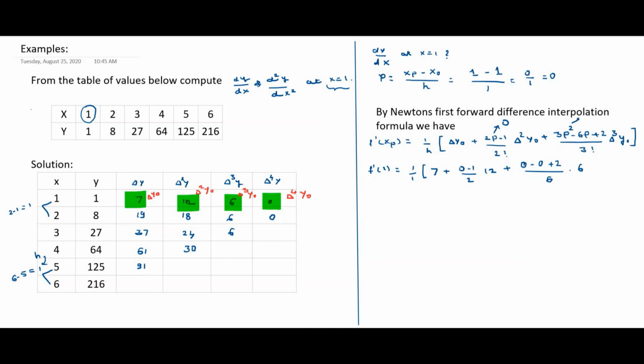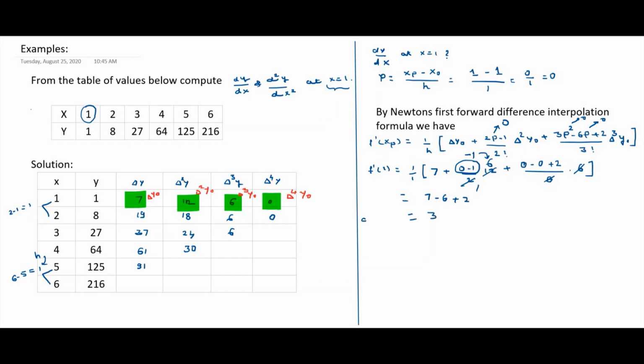In this case we substitute p is equal to 0, so we are left with only 2. 0 minus 1 is equal to minus 1, and minus 1 into 6 is equal to minus 6. Similarly, this 6 and 6 get cancelled. 0 minus 0 plus 2 is equal to 2, and in total if you simplify you will get 3.